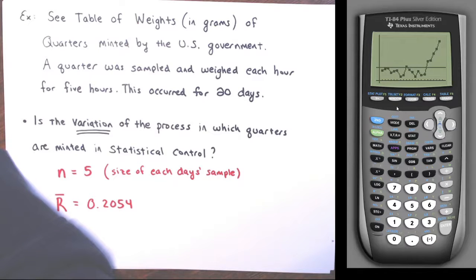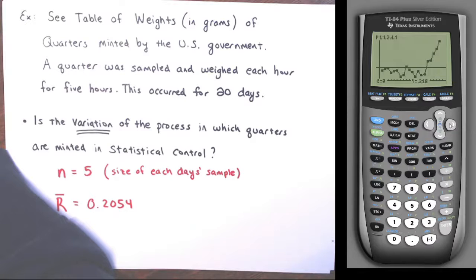But also, remember that rule of 8, that run of 8 rule? If I hit the trace button, see how that's below the center line? Below, below, below, below, below, below. That's 8 in a row.